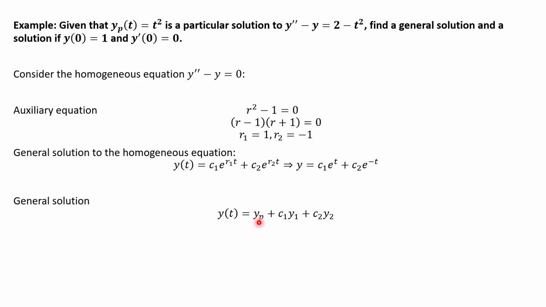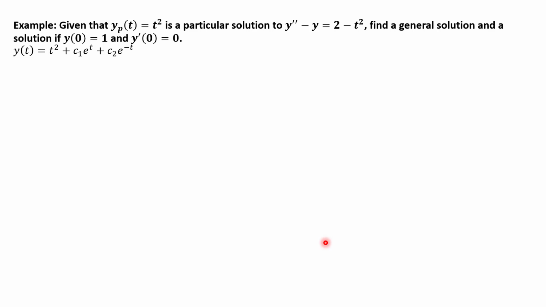Okay, so we were given, in this example, the particular solution. We just found the homogeneous equation solution, so just put those two together. So our solution is y equals t squared, the particular solution, plus C1 e to the t plus C2 e to the negative t.